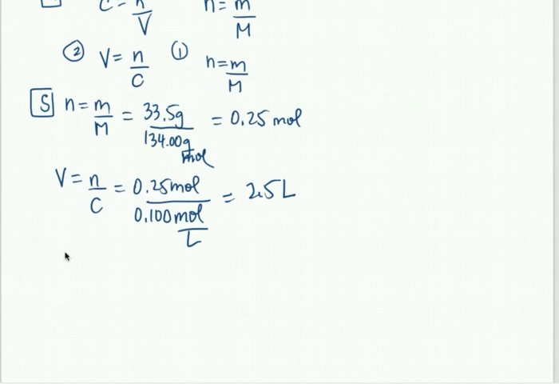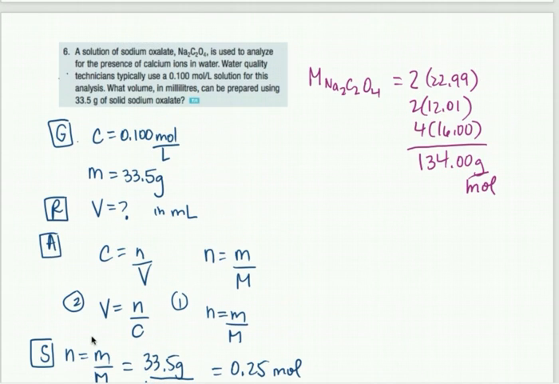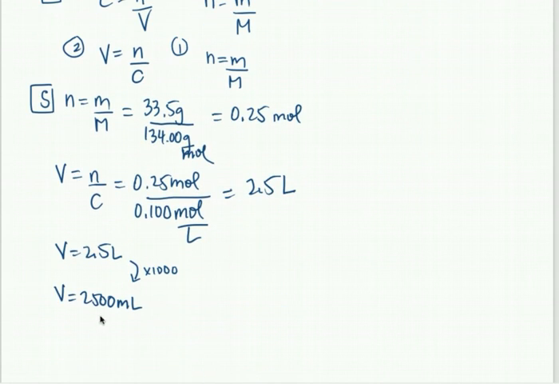Okay, and again, we want our units to be milliliters, so we are going to multiply by 1,000 to get to milliliters, and then we're trying to figure out how to round here. We have 3 digits, we have 3 digits here, so again, we have 2,500, how do we write it as 3 digits? You gotta change it to scientific notation.